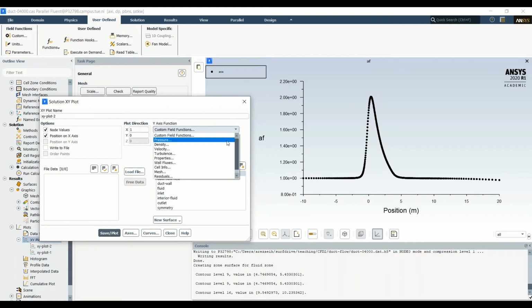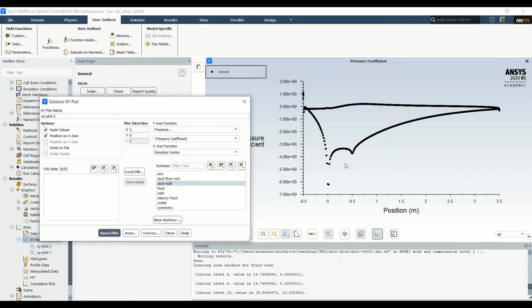We can also plot the pressure coefficient along the duct wall. You should note that this is both the inner and outer wall of the duct. So you should distinguish between them, or you can, from the beginning, define them with a different name when you define the boundary condition, so that you have the inner wall and outer wall, and you can plot them separately.